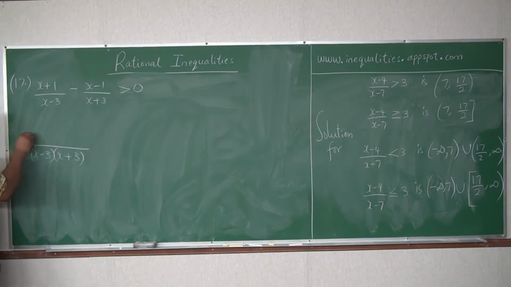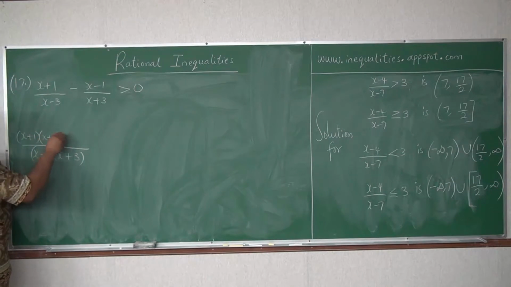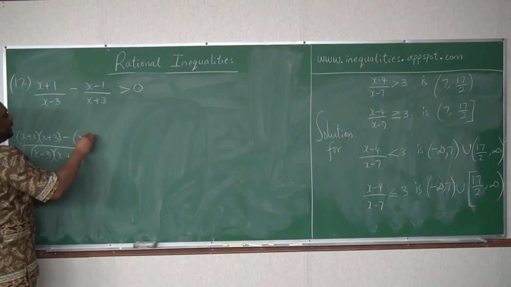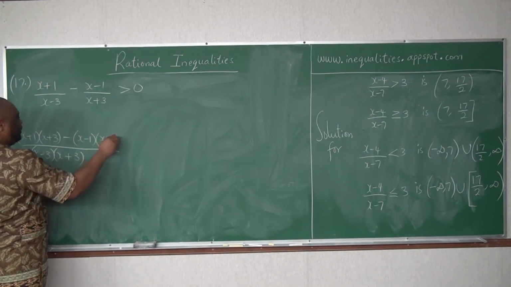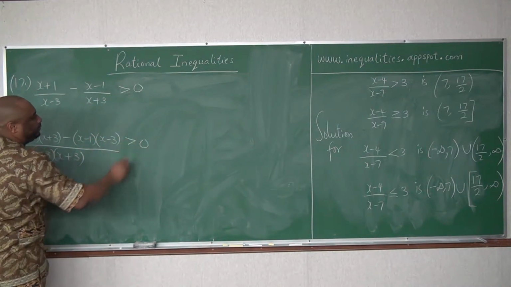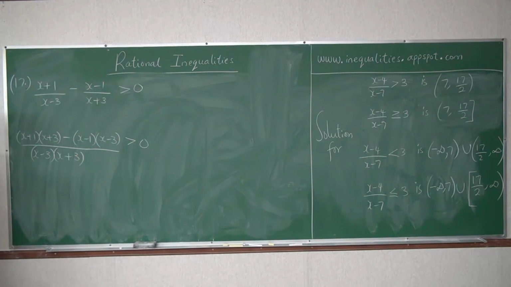So this will give us x plus 1 times x plus 3 minus x minus 1 times x minus 3 is greater than 0. We have to make it only one term, just like in the part 1 video.